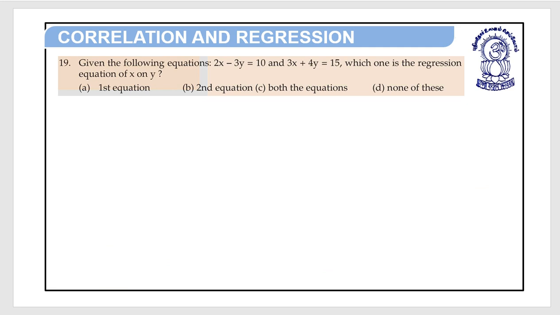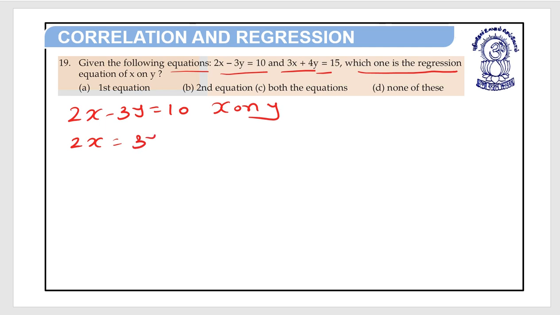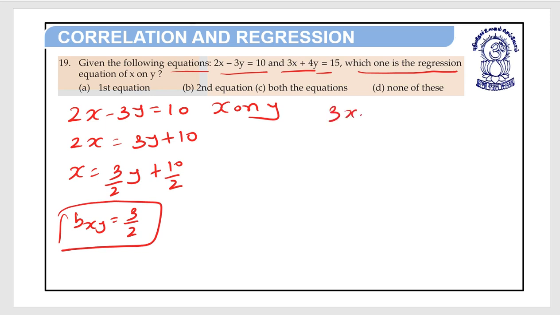Now question number 19. Given the following equations, 2x minus 3y is equal to 10 and 3x plus 4y is equal to 15. Which one is the regression equation of x on y? Same way, take 2x minus 3y is equal to 10, x on y. So 2x is equal to 3y plus 10. x is equal to 3 by 2y plus 10 by 2. So bxy is equal to 3 by 2. 3x plus 4y is equal to 15, y on x.